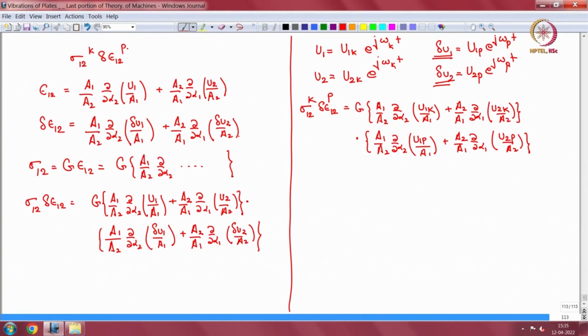So if we switch K to P, P to K, if we do sigma 1 2 P delta epsilon 1 2 K, okay, then what happens?